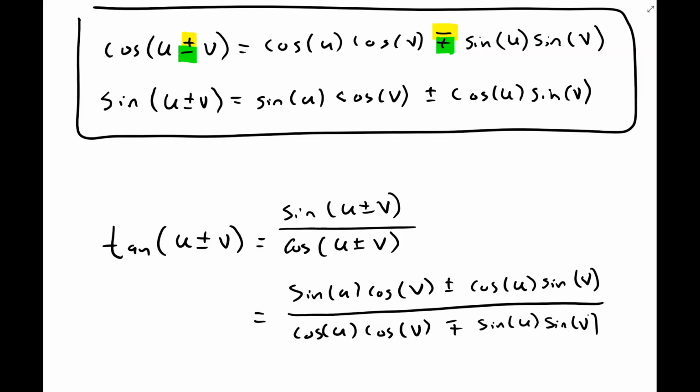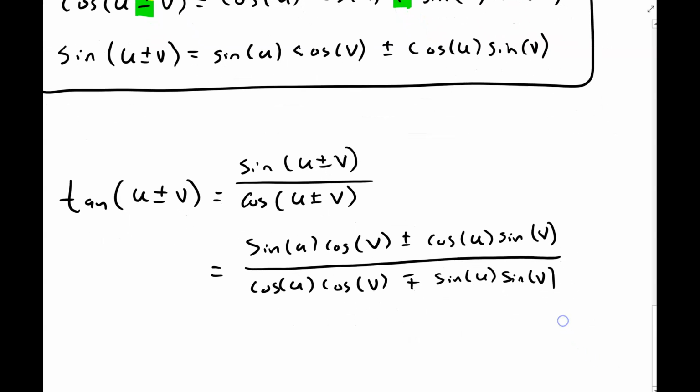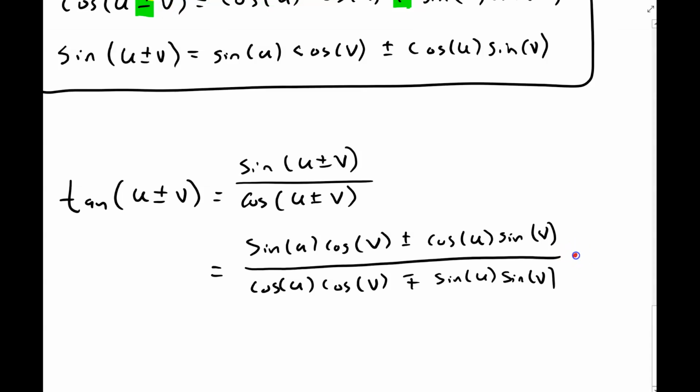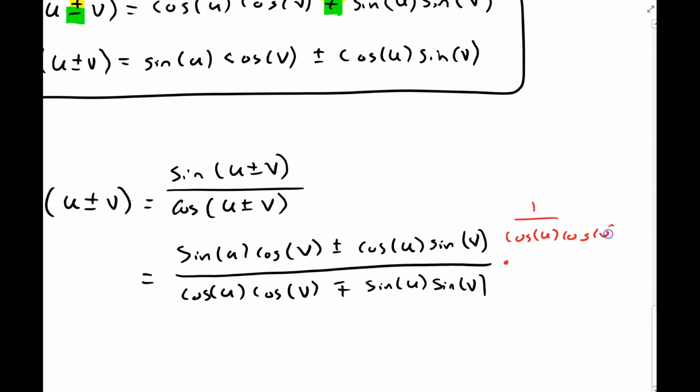It seems kind of weird to have an identity for tangent that's in terms of sine and cosine. The more standard way to write this would be to write this identity where everything is in terms of tangents. So the trick here to get it in terms of tangents is I'm going to multiply the top and bottom by 1 over cosine u times cosine v.